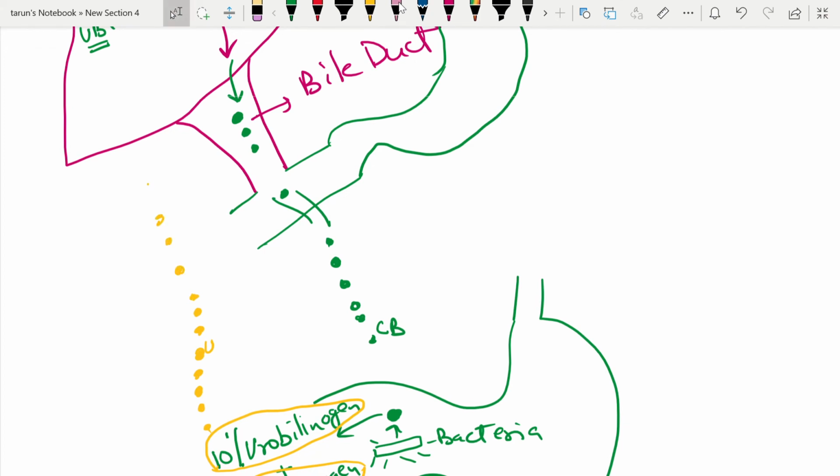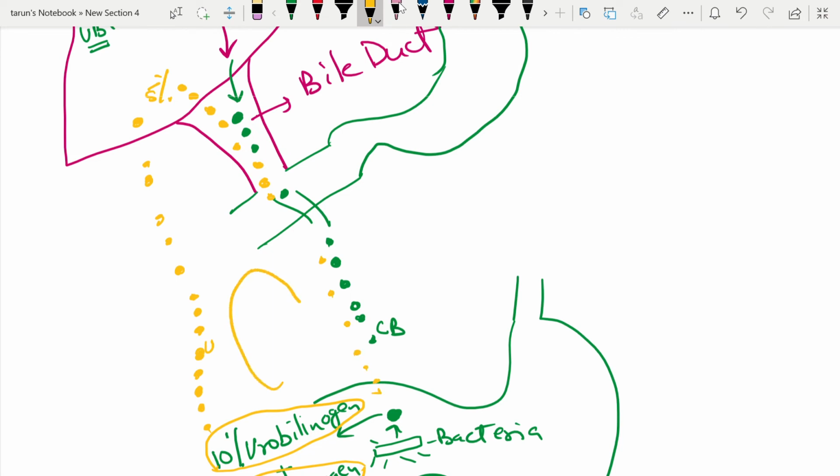Once it reaches the liver, about 5% of it comes back into the bile, and this is called enterohepatic circulation.